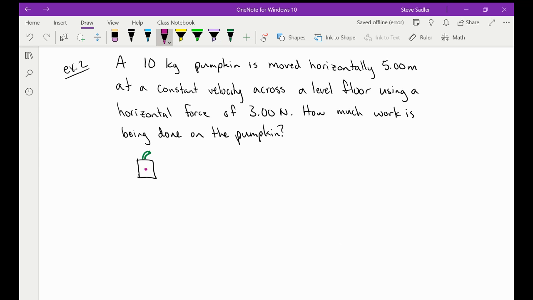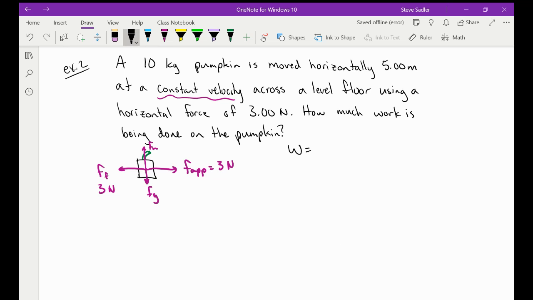We know that we have force of gravity and normal force. Those ones aren't too important because they will cancel each other out. We have an applied force of 3 newtons, and we have force of friction. If it's moving at a constant velocity, we know that force of friction is also going to be 3 newtons.